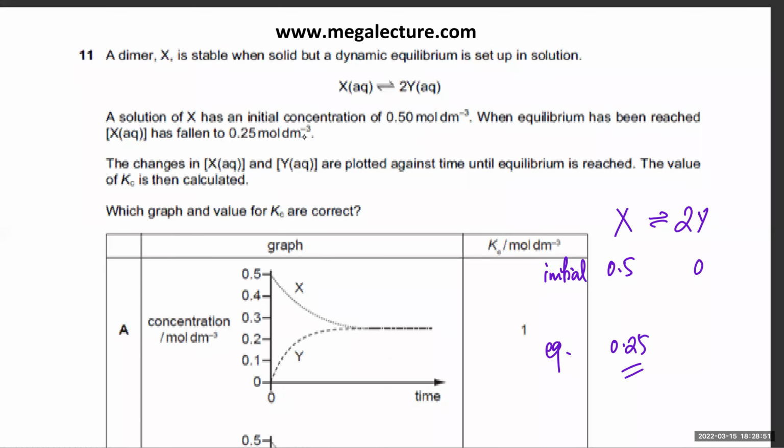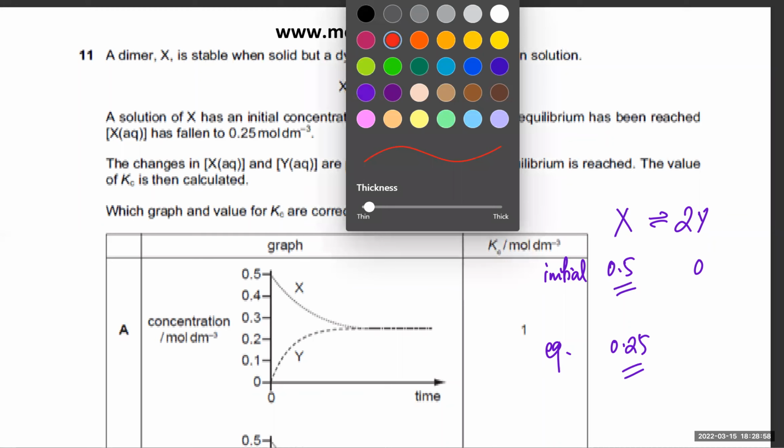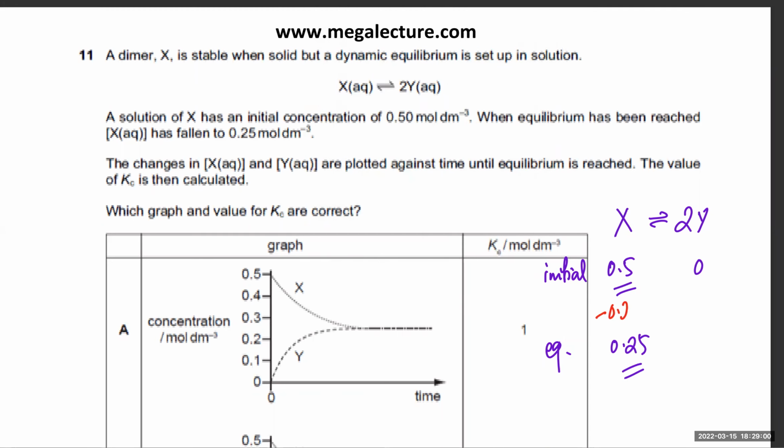So what does that mean? How much reacted? It decreased, so 0.25 are gone. They have reacted to produce what? To produce Y. So how much Y would have been produced? 0.5. Okay, it's 1:2. So if 0.25 have reacted, then on the other side 0.5 must have been produced.